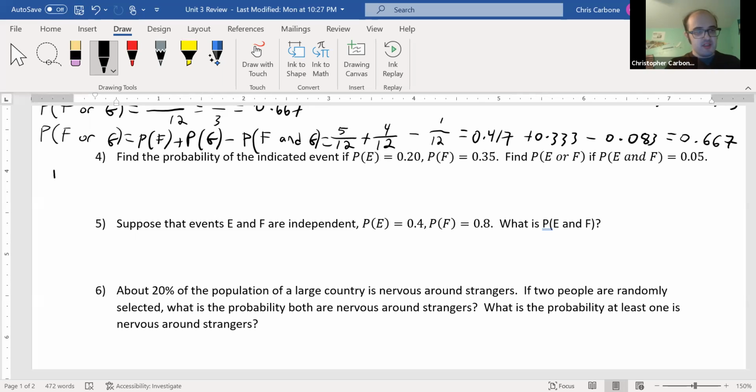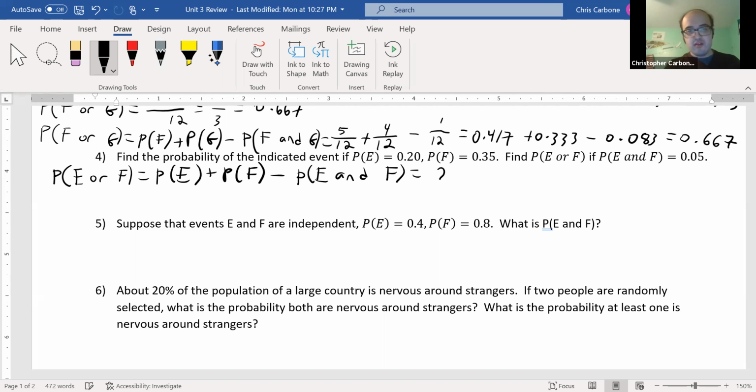So just to quickly write that in the formula, this would be the probability of E or F: the probability of E plus the probability of F minus the probability of E and F. So 0.20 plus 0.35 minus 0.05. This will make 0.55 minus 0.05. This will make 0.5.